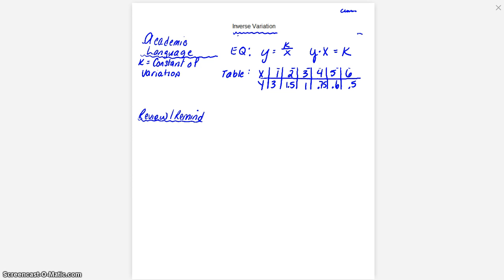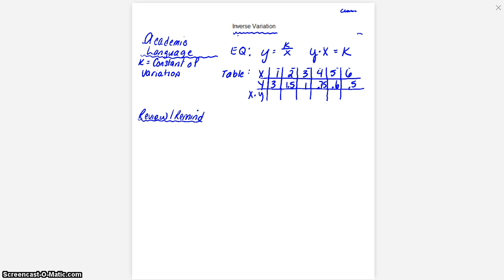And then let's make sure a regular direct variation can do that too. So what's the other thing we need to check? We need to check that x times y is always going to give us the same value. So let's pull our table down one more. And in this last row, we're going to do x times y.